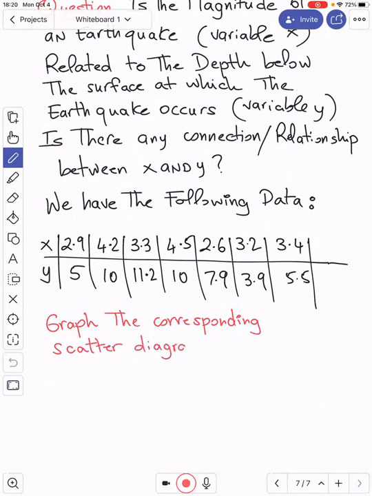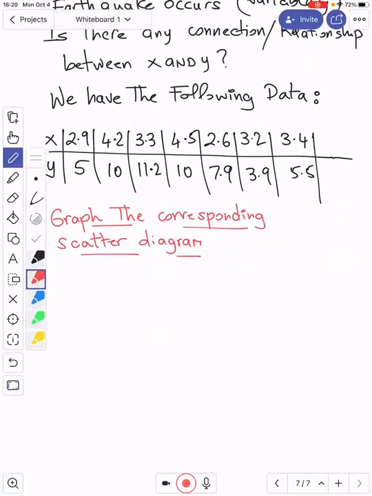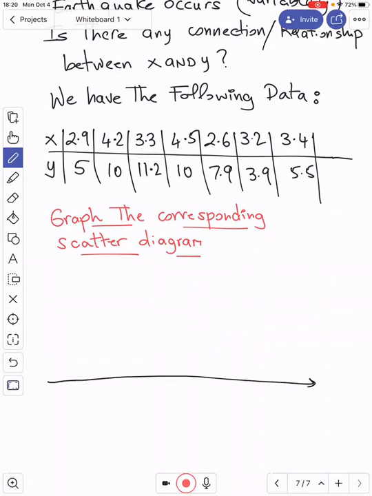In this scatter diagram, we're gonna have two axes, the x-axis and the y-axis. The horizontal axis is going to be your x-axis. So here is my x-axis.